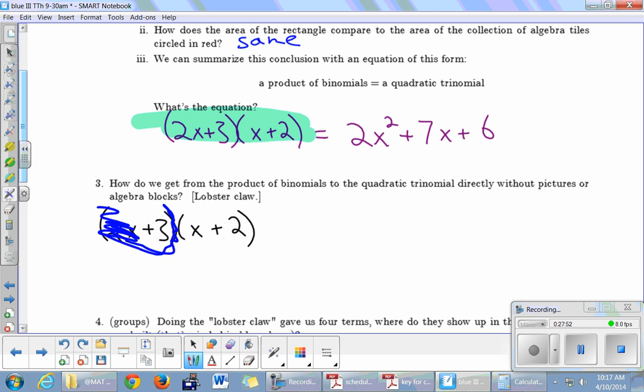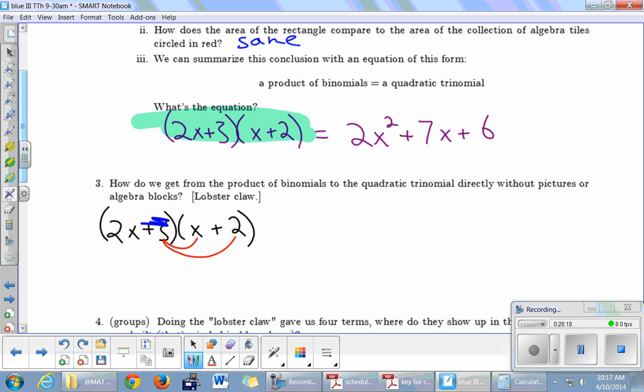So it just looks like 3 times x plus 2. You remember how to distribute that 3? 3 times x plus 3 times 2, right? I think I ended up writing it like this, where the 3 comes in and hits both parts. Okay, so I could deal with it if it was just the 3.